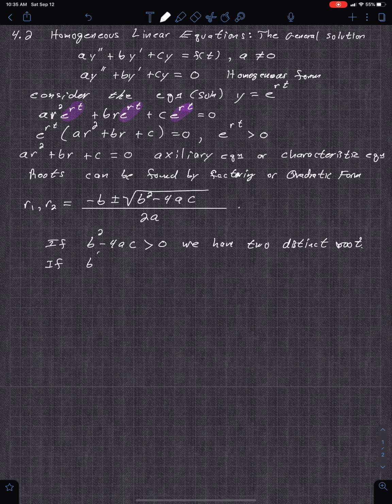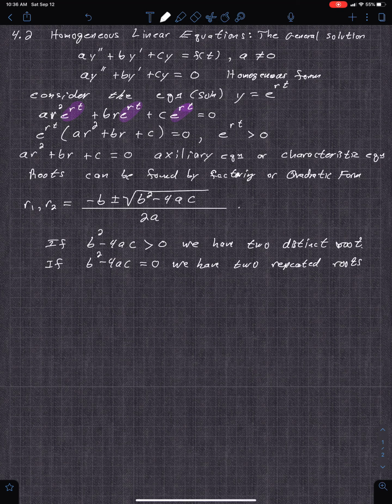So if b squared minus 4ac equals 0, then we have two repeated roots. Still always two, but we have two repeated roots. That'd be like factoring x minus 2 times x minus 2. It's still two of them, but they're not distinct.